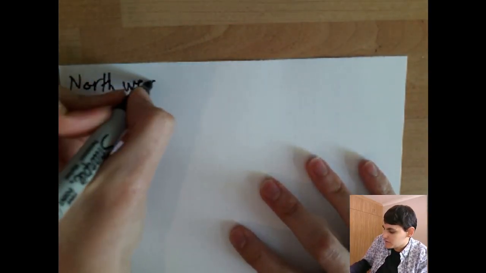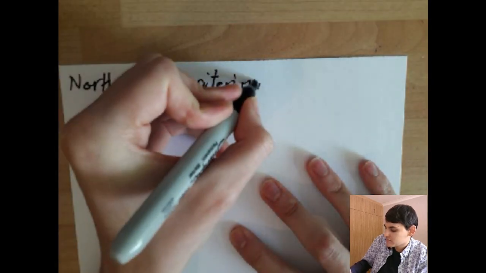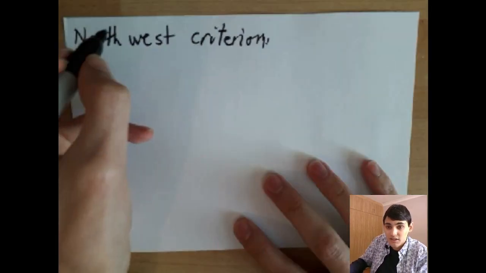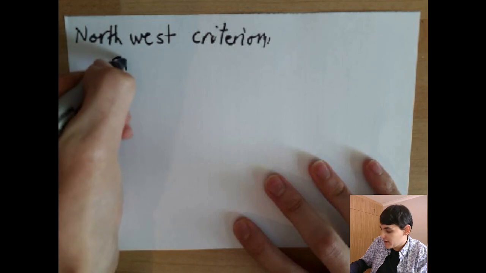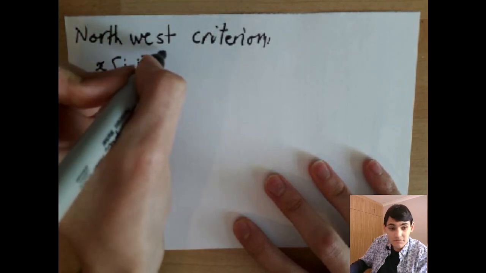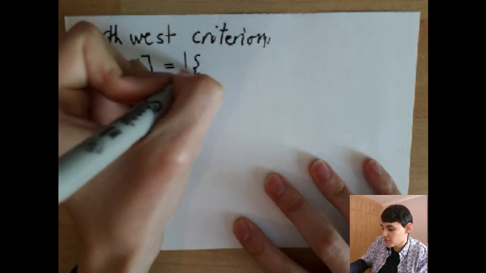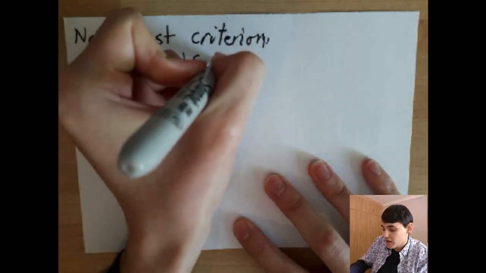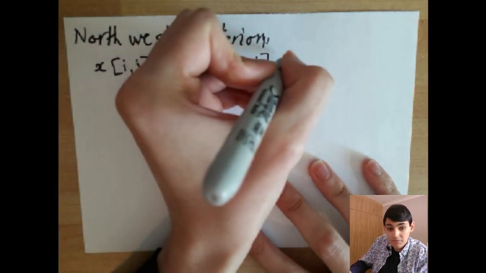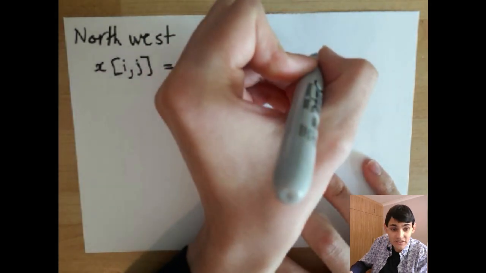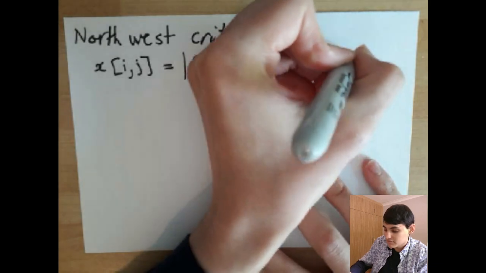You take x of ij, which is equal to the size of the following set: the number of elements a between 1 and i such that x of a is greater than j.